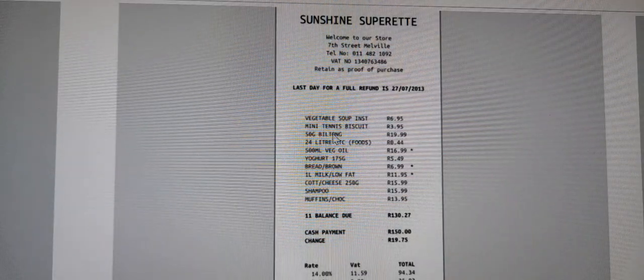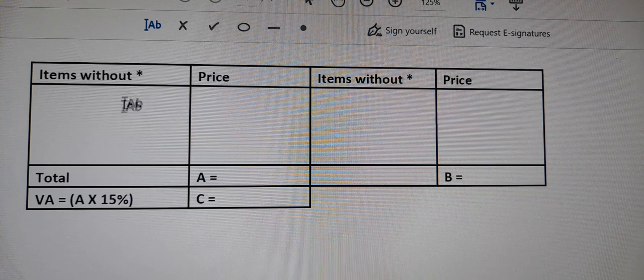For example, it's a vegetable soup, a mini tennis biscuit, a 50-gram biltong, a 24-liter VTC, I don't know what it is, and then yogurt, cottage cheese, shampoo, and muffin chalk.